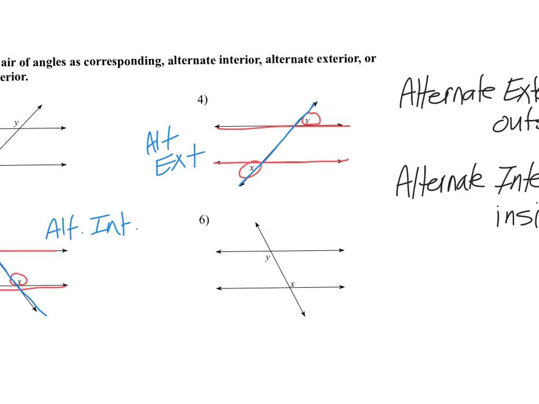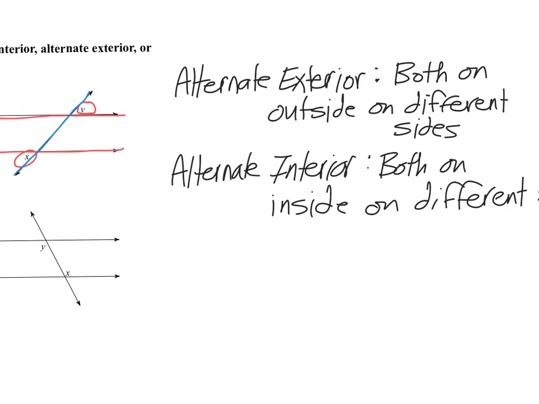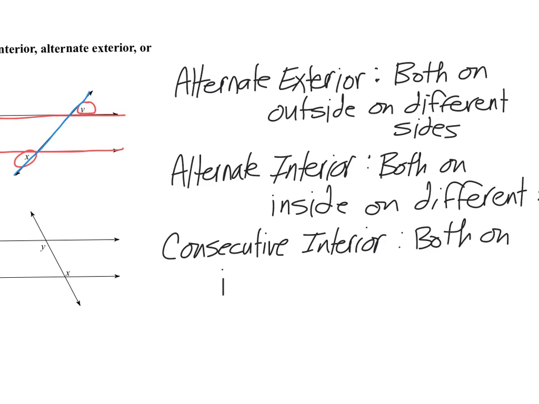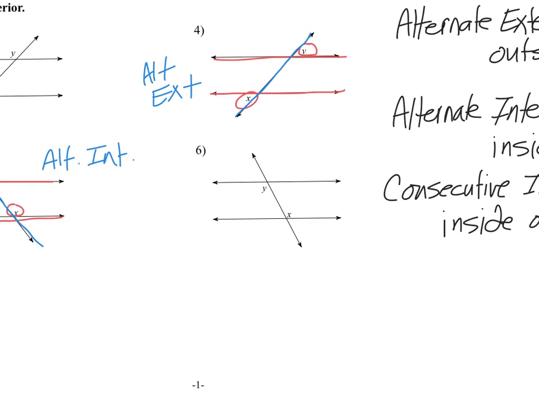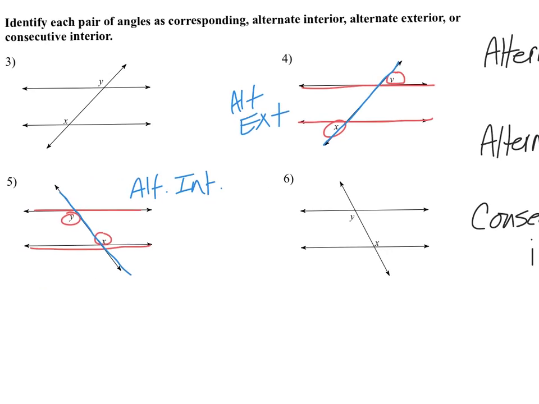Okay, and then our last term is consecutive interior. Okay, so again, what's interior mean? Interior means both on the inside on same side. Okay, consecutive means one right after the other. So in this case, consecutive interior.